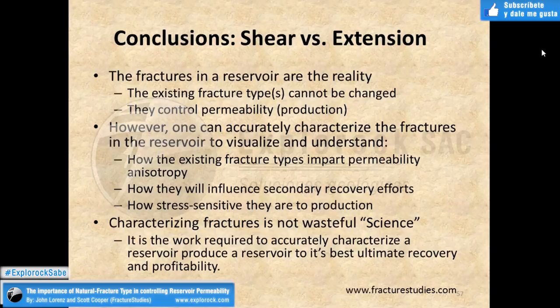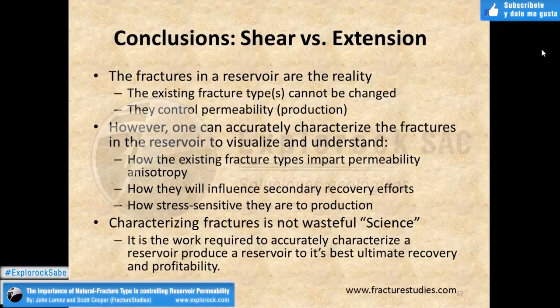With more pressure in the system, I can retrieve more energy. So which one of these, shear or extension fracture systems, could be the best to get the input?